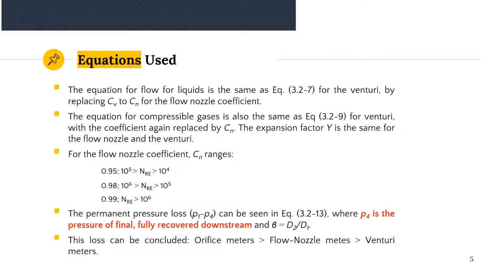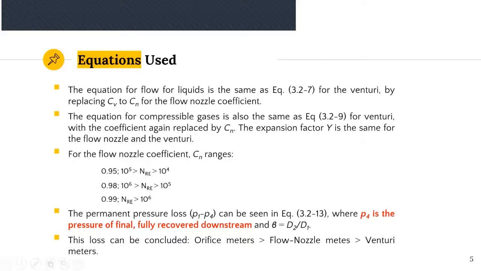And then to calculate the flow and the pressure drop, it is all similar to what we have learned for the venturimeter and also the orifice. As I said to you, for venturi, equation 3.27, we can also use the same equations for the flow nozzle meter.